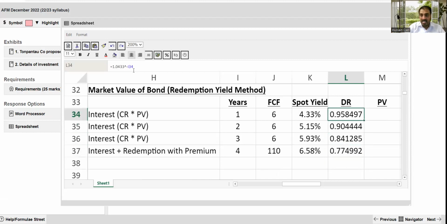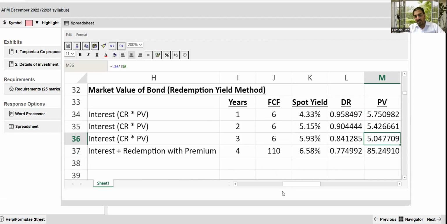Once again, the discount factor for 4.33% is 1.0433 power minus 1. That is the point. Here the discount rate is different each year: yield curve, spot yield. Now multiply this discount rate by this one, 5.75.